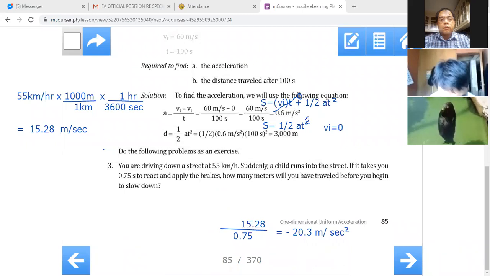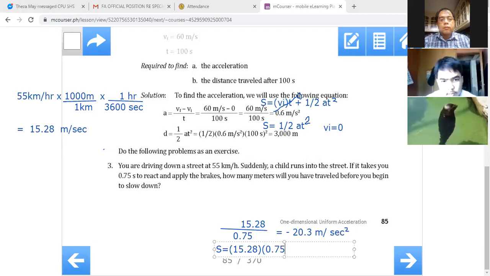So our S is 15.28 times 0.75 plus 1/2 times negative 20.3.